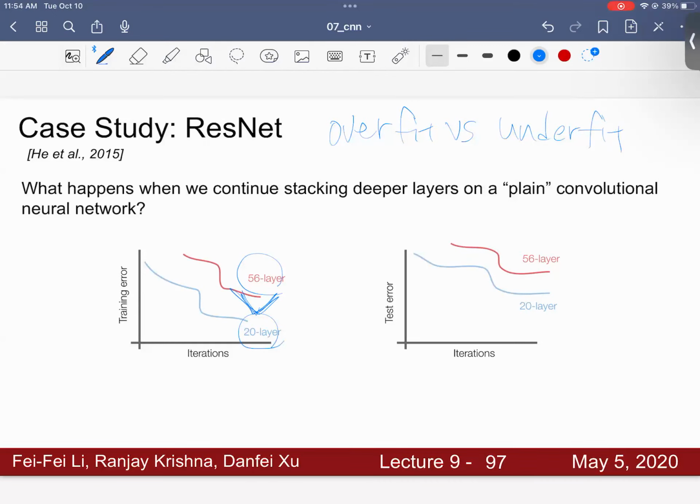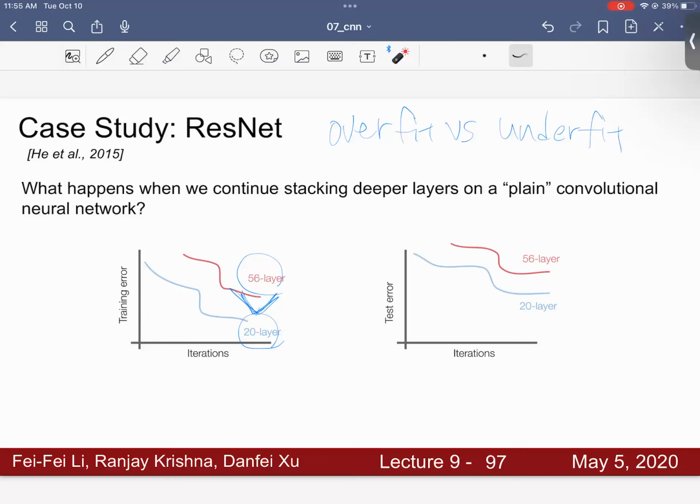At least we know this is not underfitting, because the larger model is underperforming a smaller model. If this was underfitting, then increasing your model should have helped the training error go down. But it is actually increasing, right?